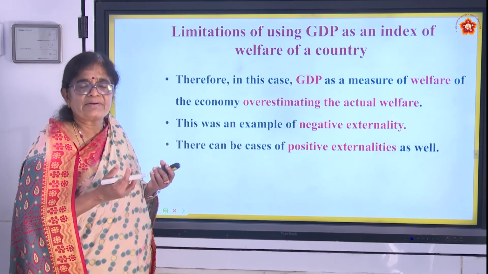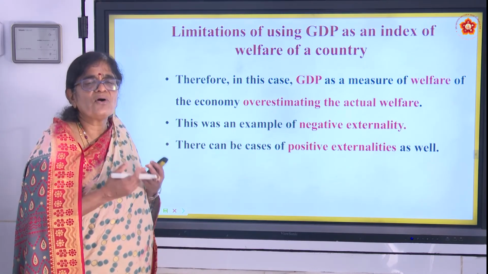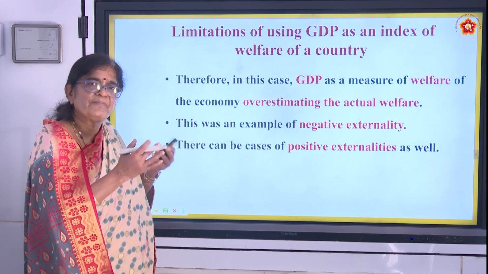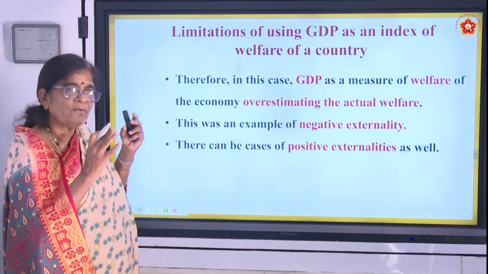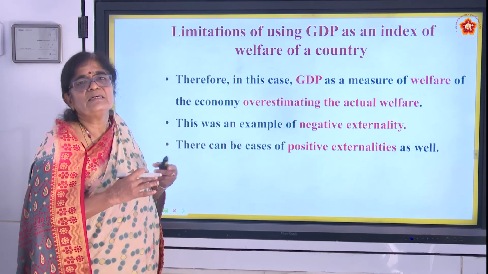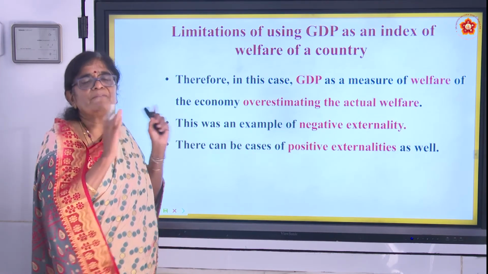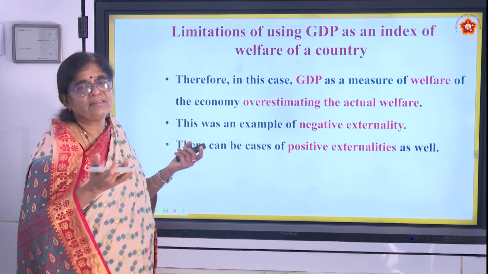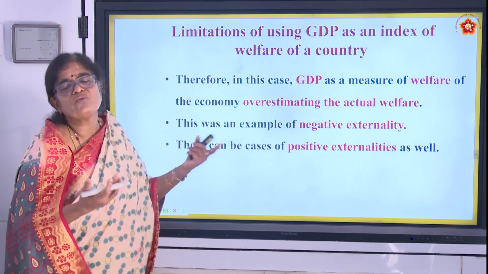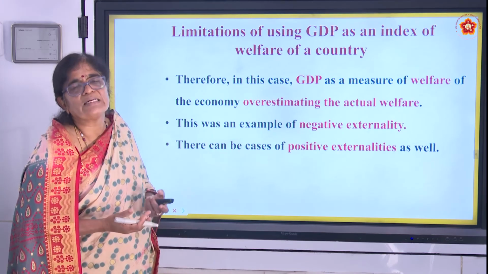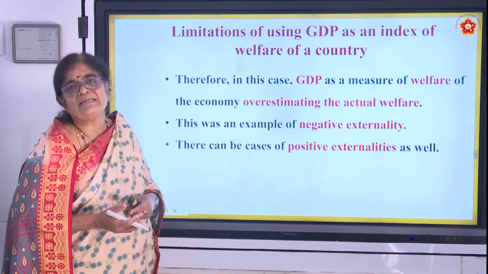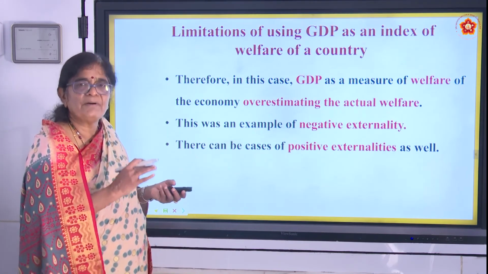They get the fragrant smell, they can enjoy all the fragrance and the pure air, the oxygen, everything coming from that garden, but no one is ready to pay for that. There is no valuation for that. There is no market for that. That is called positive externality, coming from a flower garden.